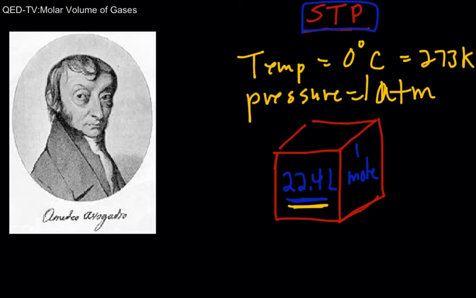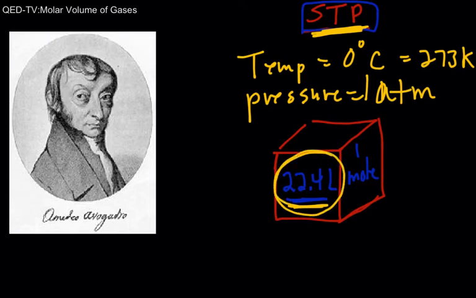Now keep in mind, there's nothing overly magic about this. In fact, if I change the temperature, I change the pressure, then 1 mole of gas will fit into a different kind of volume. But at what we call standard temperature and pressure conditions, 1 mole of gas, whether it's hydrogen or helium or oxygen or anything, will fit into 22.4 liters of volume.